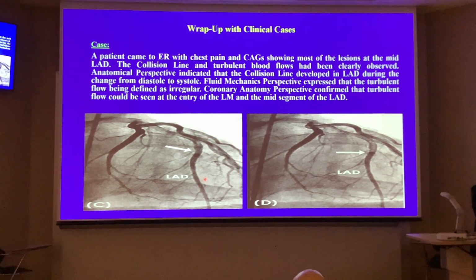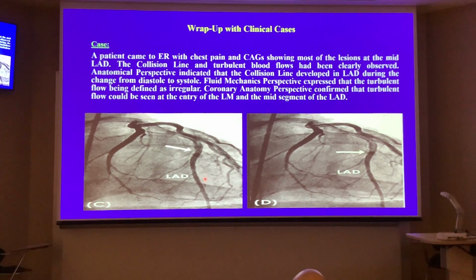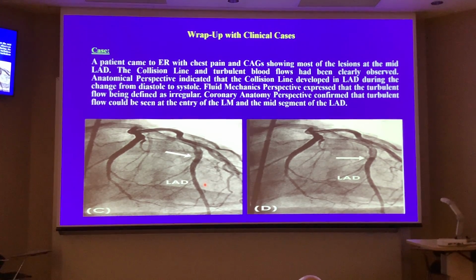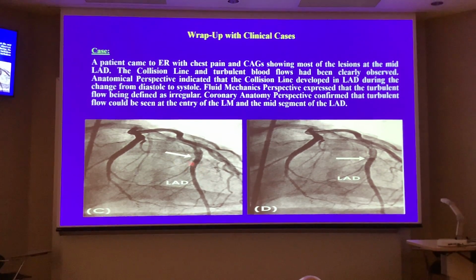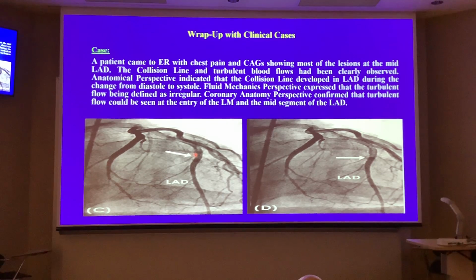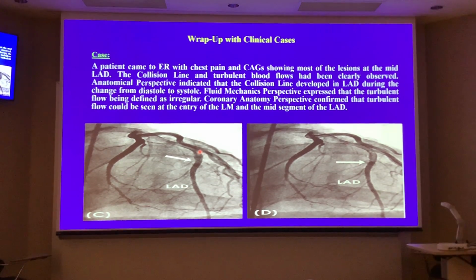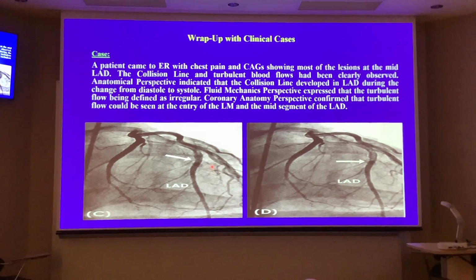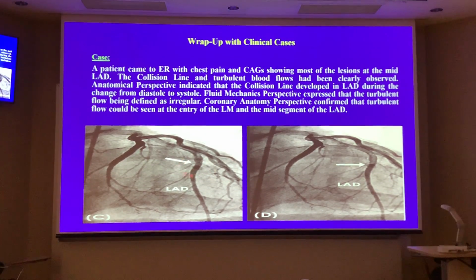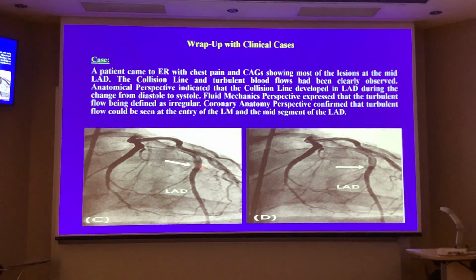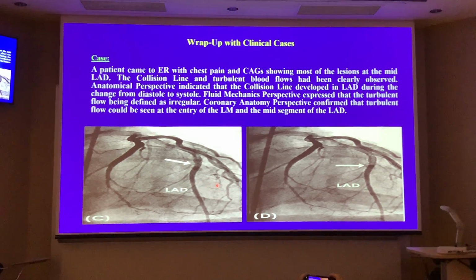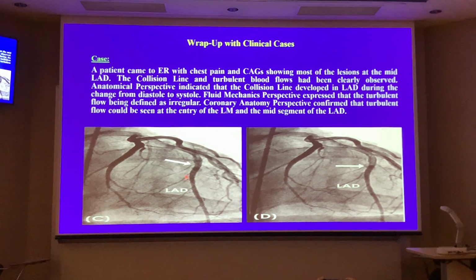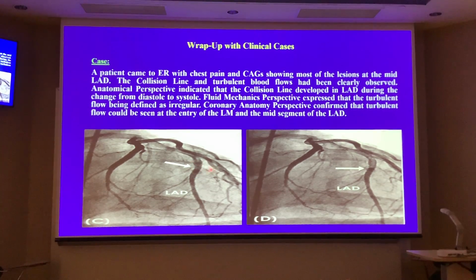This reverse blood flow will collide with the incoming blood flow here at the middle segment, create the collision line, and trigger the arteriosclerotic process. We observe in many patients that the collision line usually happens at the middle segment of the coronary artery, as well as the right coronary artery.